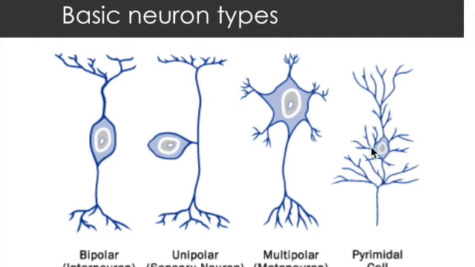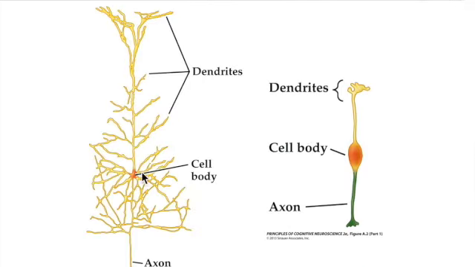So a pyramidal cell, for instance, has this very dramatic tree-like structure. And this is another example of dendrites. So dendrites just mean a tree structure. And so when you have these tree-like structures that are connected to the cell body, right? That's how the cell receives input, right, through the dendrites.